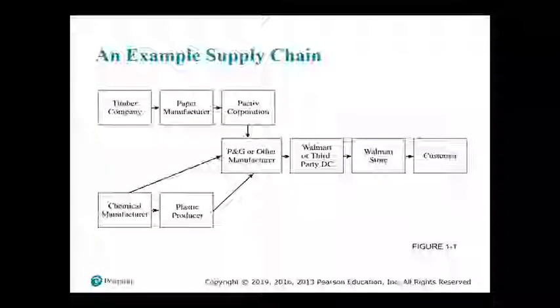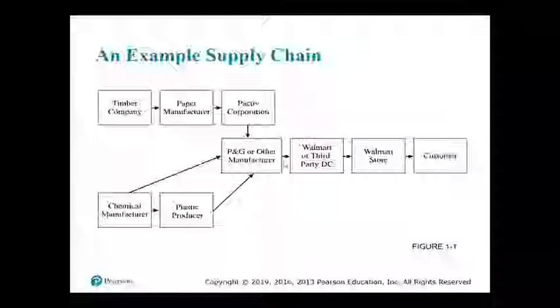So looking at one example supply chain, say, a supply chain for detergent at Walmart. We're using Walmart as the focal company here, right? So Walmart sources this product from Procter & Gamble or other manufacturers, depending on the selection of detergent that Walmart carries.